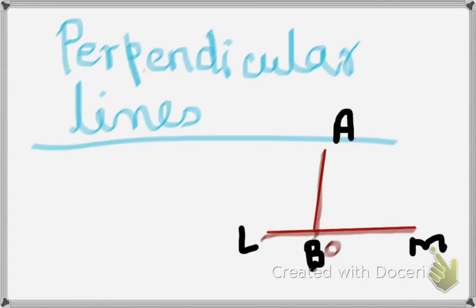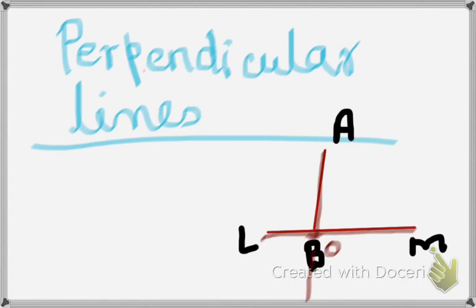You can see that line AB is touching one point of LM. So we can say they are intersecting. It's not necessary that line AB is extending like this.